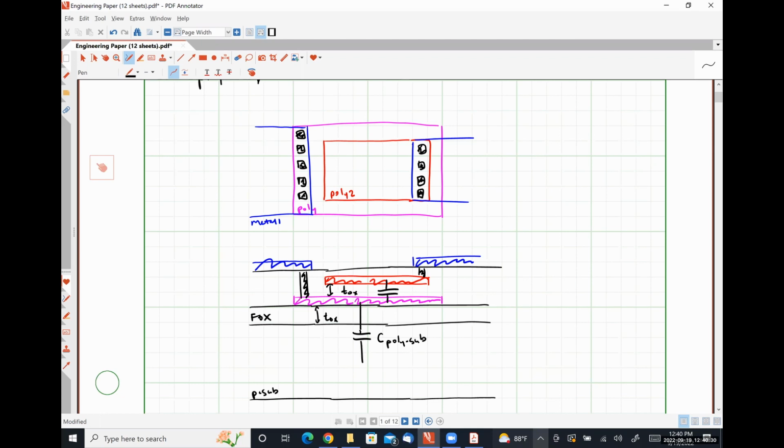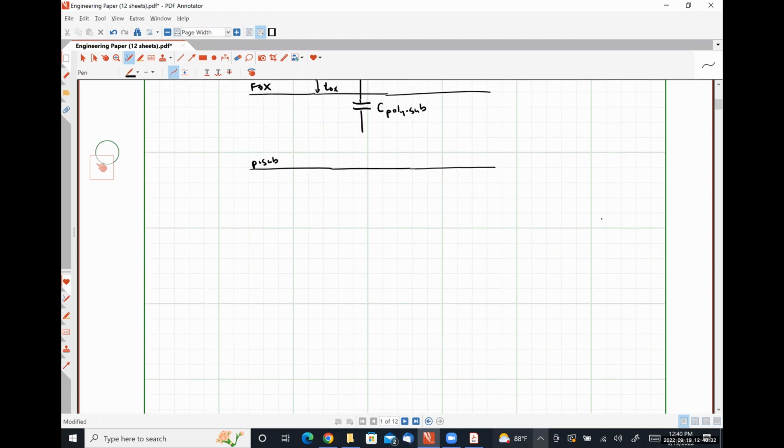So, for example, let's say that we are going to calculate the capacitance of a poly 2 capacitor.